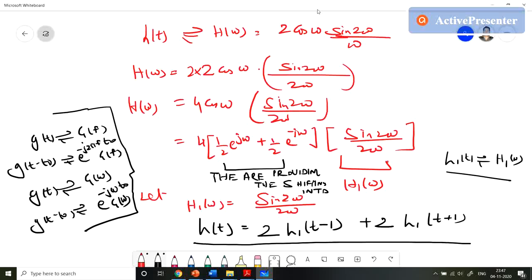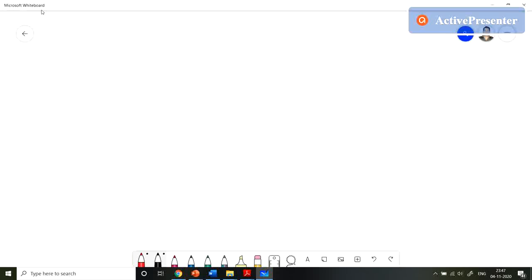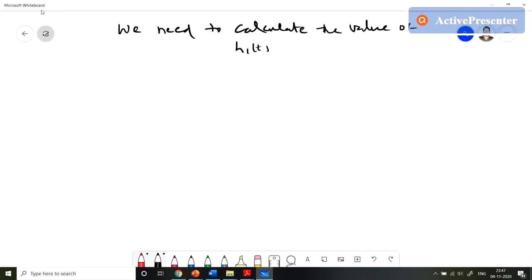It is simply that. Now our main task is to find the value of h1(t), because if we are able to calculate h1(t), then we can easily calculate the value of h(t). So what is our aim? We need to calculate the value of h1(t).